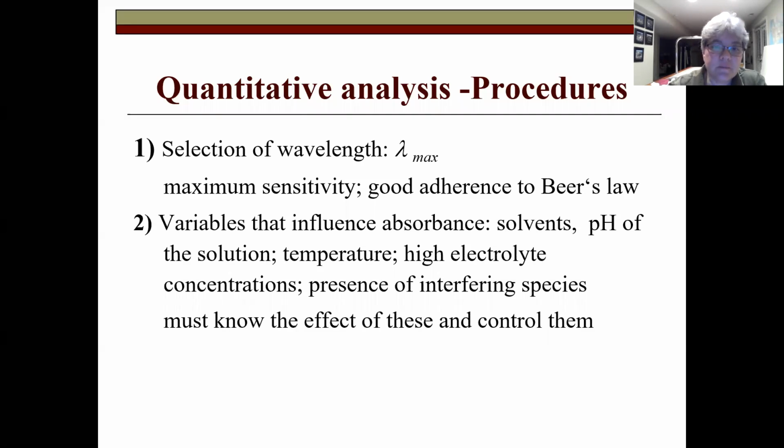Second, we need to be aware of anything that will affect my absorbance. That might be my solvent, my pH, my temperature, electrolytes in the solution, or something that will interfere with the absorbance, like sulfates or phosphates. I need to be aware of all of those factors and control them.